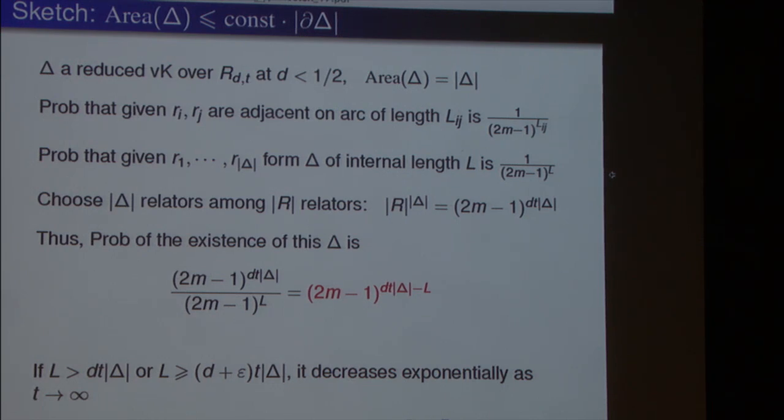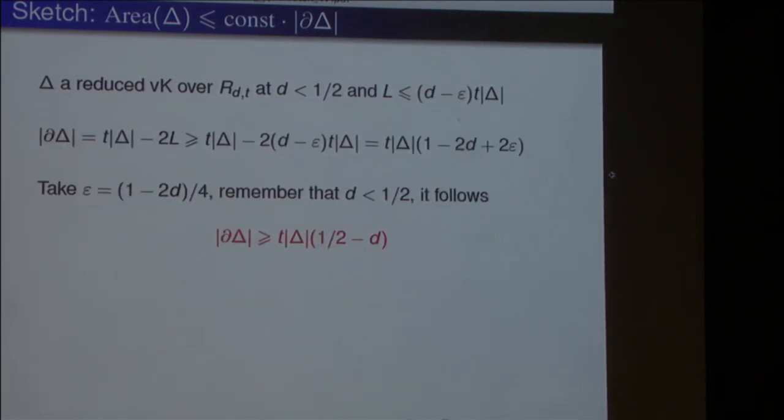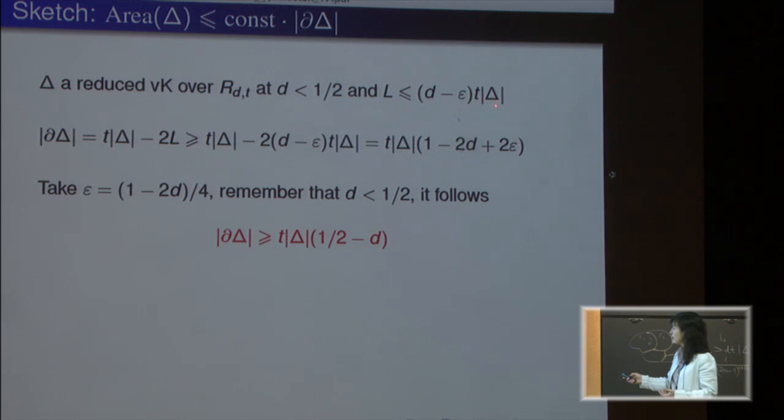Let us analyze the other situation, when L is strictly less than this quantity. Again, I just write what our situation is: L is less or equal than dt times the cardinality of delta with a little epsilon, right?